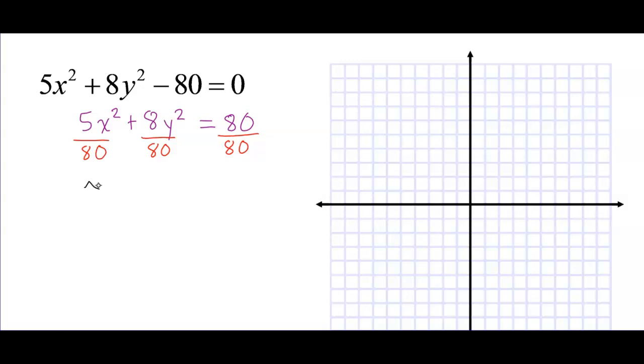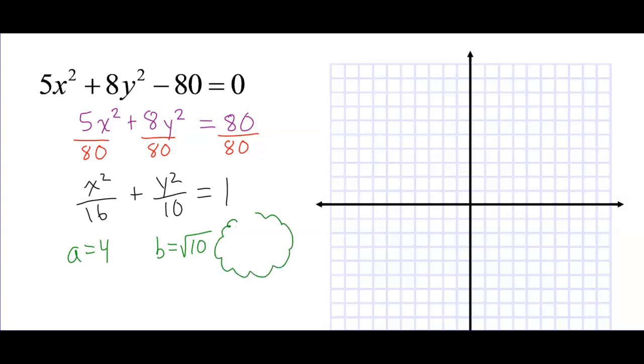Then you reduce your fractions, and you figure out A and B. So here, A is 4, and B is another square root. And again, this is something you need to get familiar with. It's going to happen. The vertical radius here is square root of 10. Square root of 10 is not something that's real easy to think about. It's probably better to think about it in decimal form.